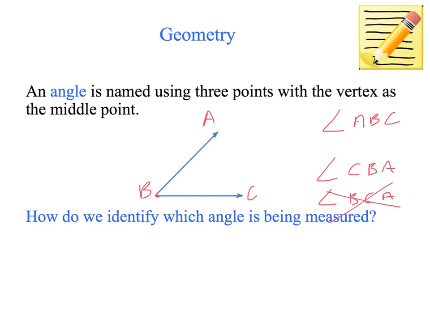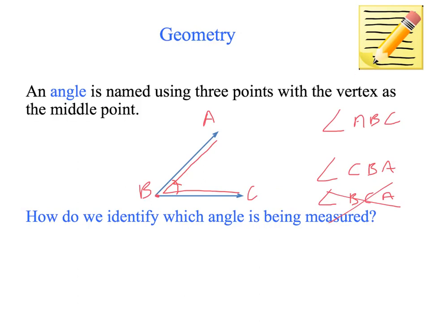Now, how do we identify which angle is being measured? You would hopefully know this already. The angle that's being measured is identified by that sort of a line there. So that means that the angle being measured is this acute angle here, the acute angle ABC.